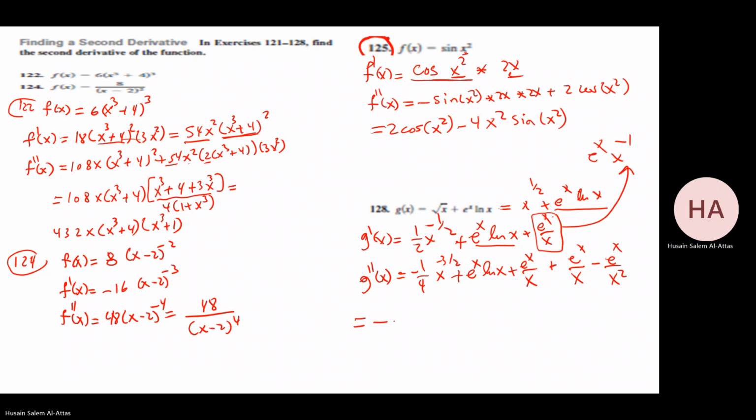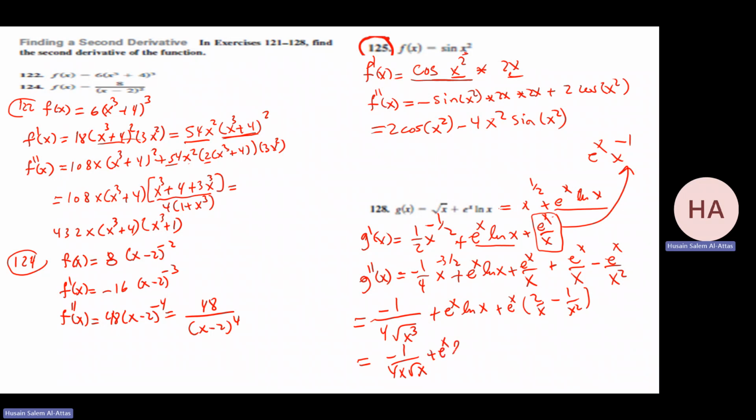Now I have this one, minus 1 over 4 x square root of x cubed, plus ax ln x plus ax times 2 over x minus 1 over x squared, which I can write as minus 1 over 4 x square root of x plus ax ln x plus ax over x squared times 2x minus 1. Yeah, okay.